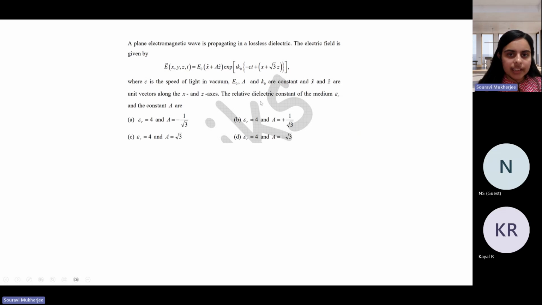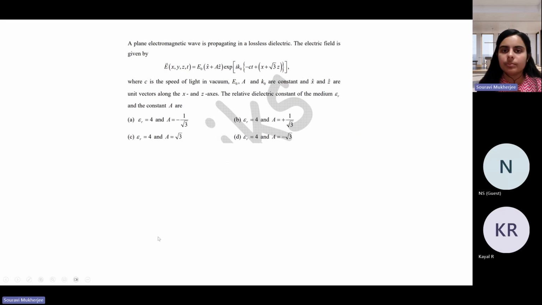Now what you have to find is the relative dielectric constant of the medium, so epsilon r, and you have to find the constant A. So just by looking at this electric field, you can actually find the medium property, and you can also find A that is given here.